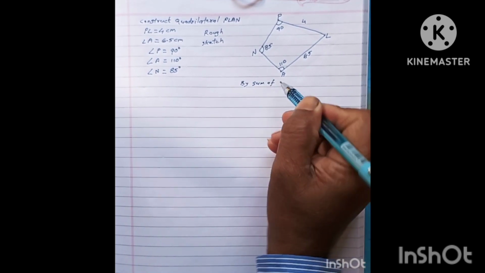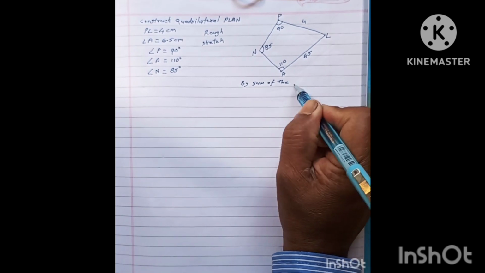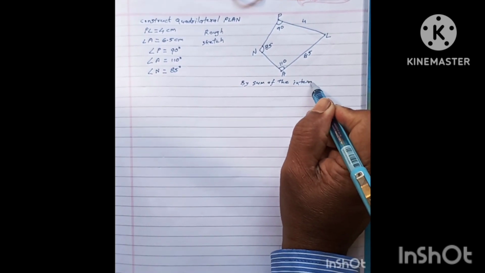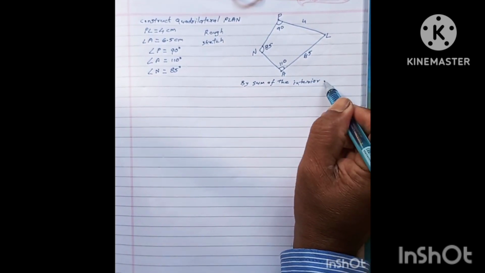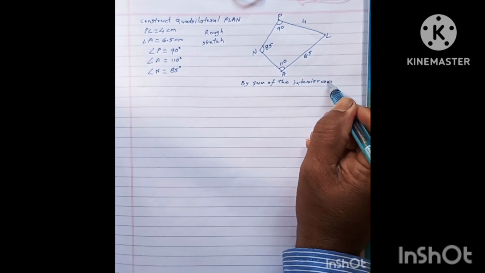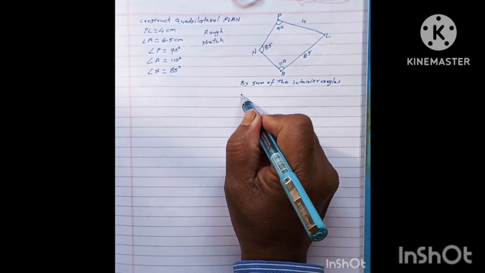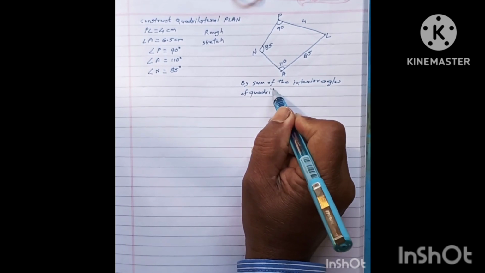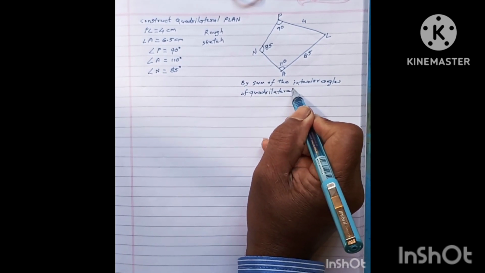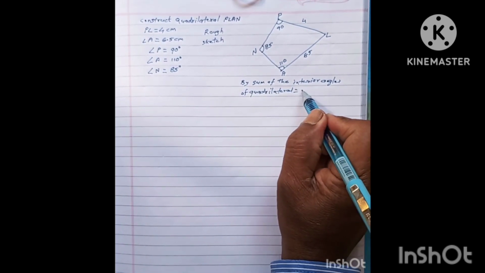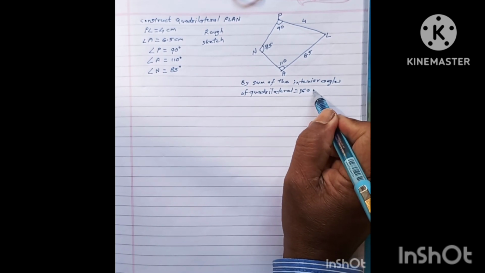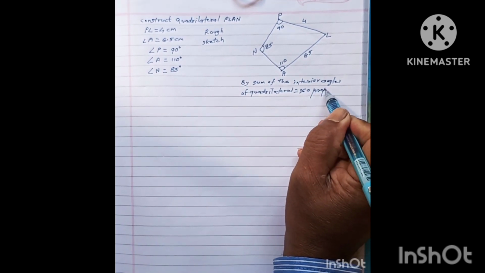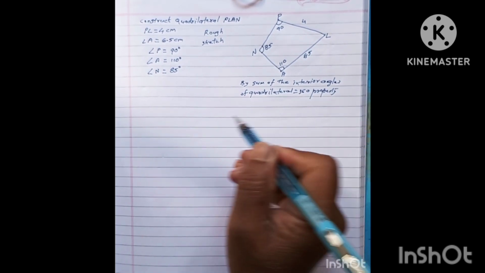Now you have to find out what is L. So we are using this property. Go to the comment given there. The sum of the interior angles of the quadrilateral is 360. Okay, that's total measurement is 360. This property we are using.